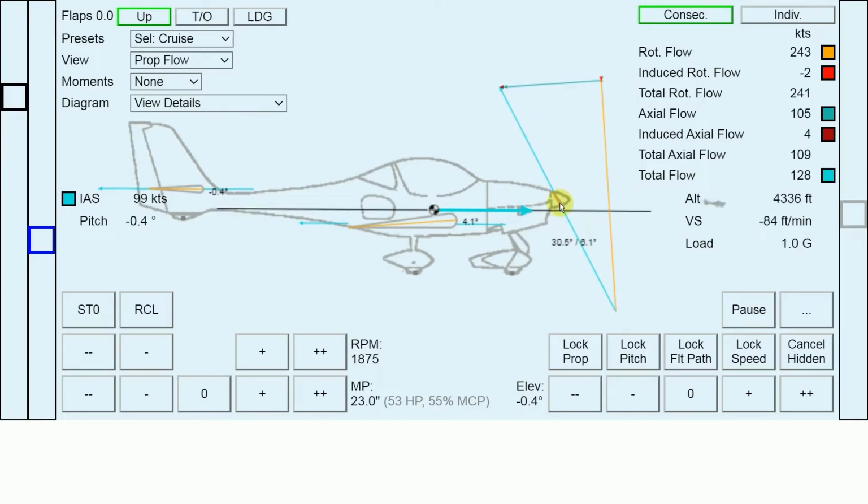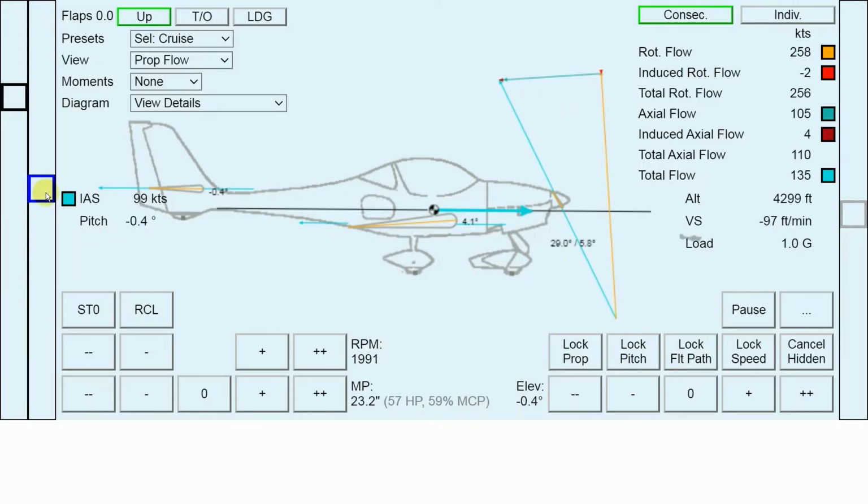This increases the resistance of the propeller against the airflow, and the propeller slows down. Here you can nicely see how the blade angle changes. At a higher blade angle, the propeller takes larger bites of air at each revolution. Therefore, this setting is also called coarse pitch.